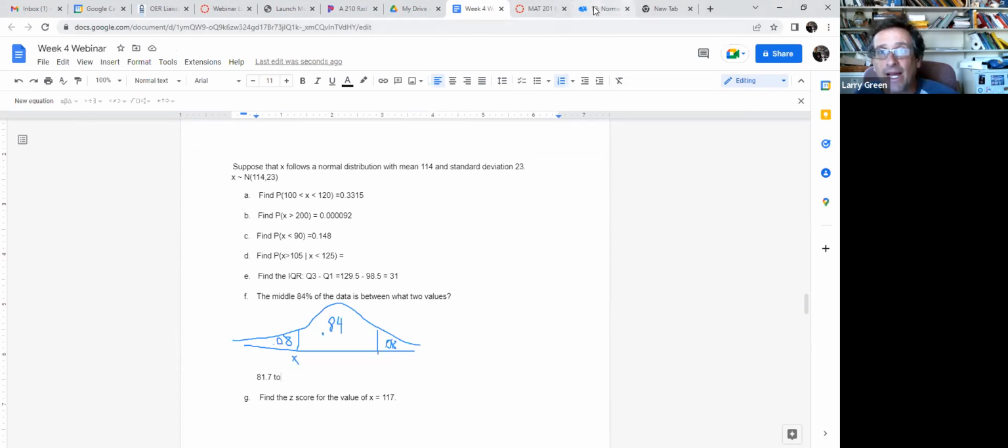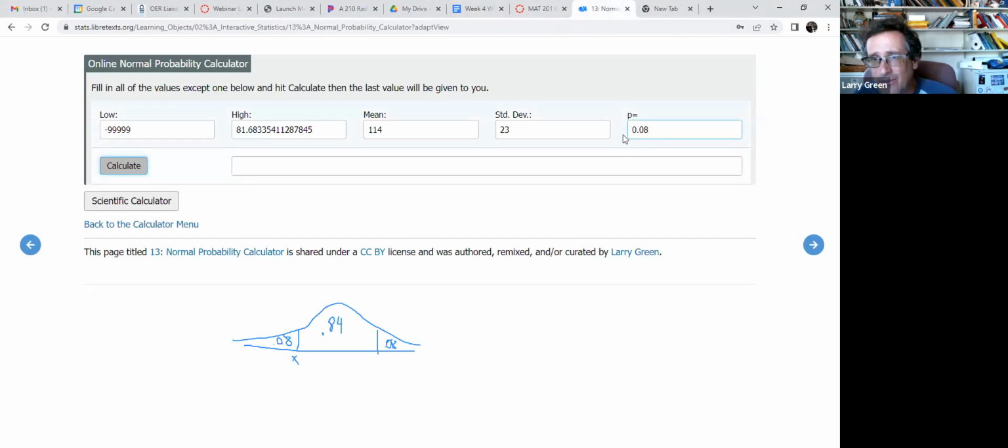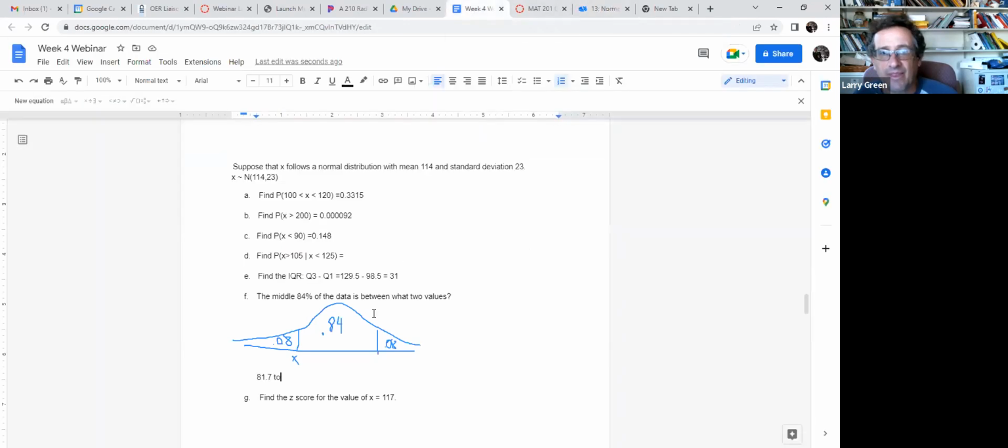So now I'm going to have a probability of 8%, but now it's to the right and I don't know the low, but the high will be 99999. Anyone lost on that? And if I calculate, I get 146.3. So there's the two values. So the probability of being between 81.7 and 146.3 will be 84%.